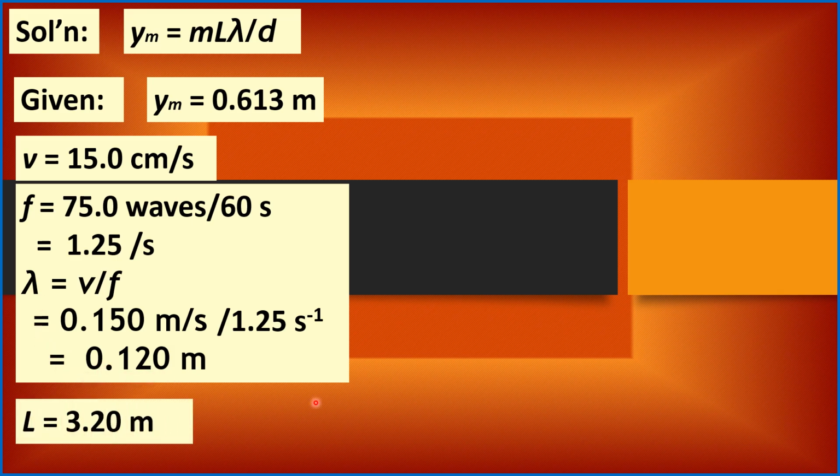We are also given the value for the length L, 3.20 meters, the distance between the hole in the barrier to the point on the shore that corresponds to the middle of the central bright band.